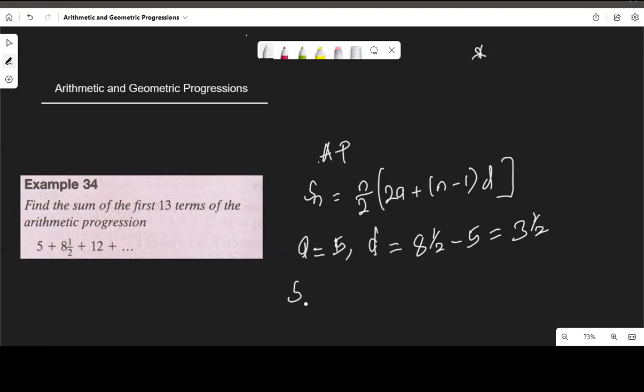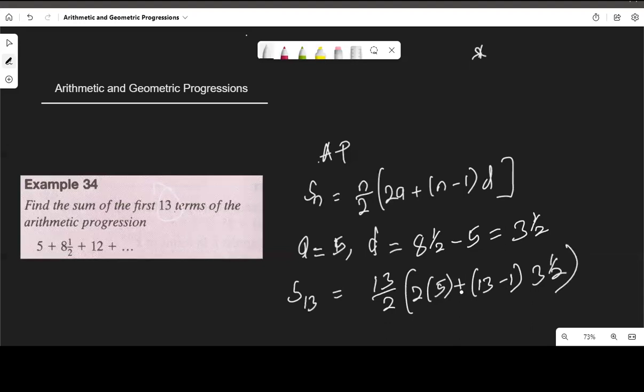And Sn, which is S13, n is 13 because we are finding the sum of the first 13 terms. 13 divided by 2 multiplied by 2 times a, which is 5, plus 13 minus 1 times the common difference, which is 3.5.